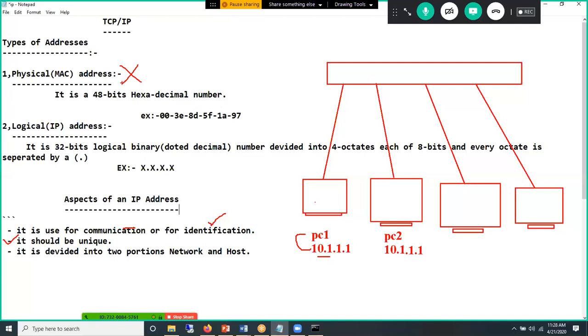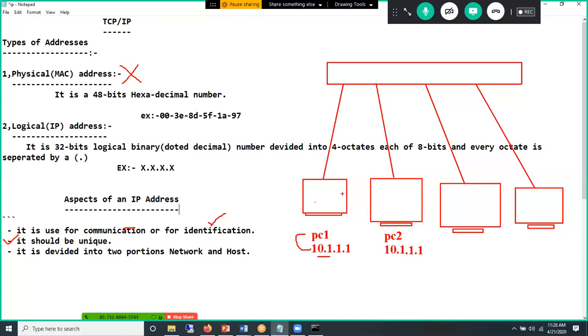First of all, we are not assigning the MAC address from our side, so there is no need to have confusion whether it is unique or not. The MAC address is given by default by the company, and that is globally unique.